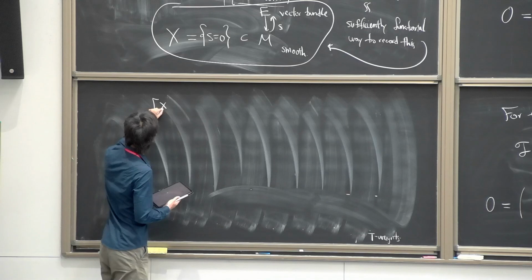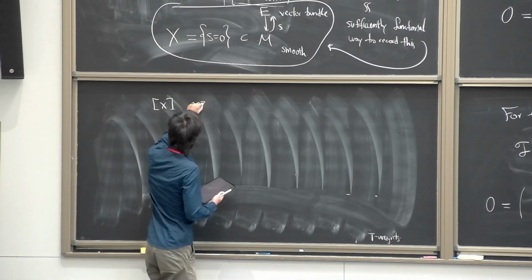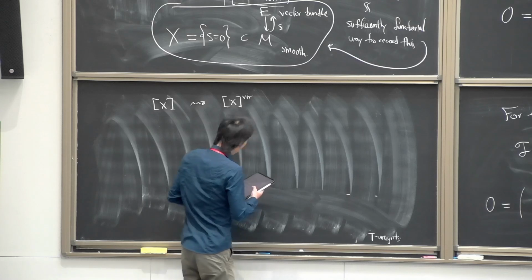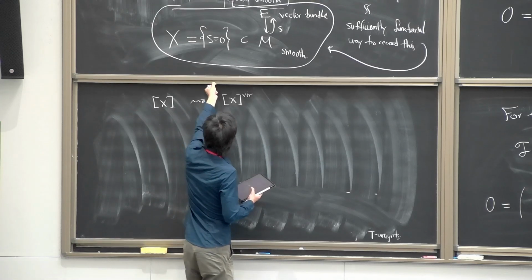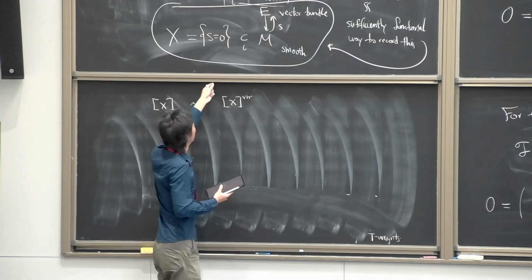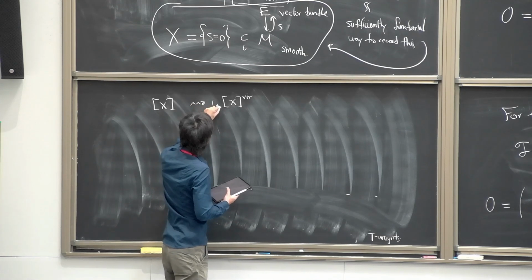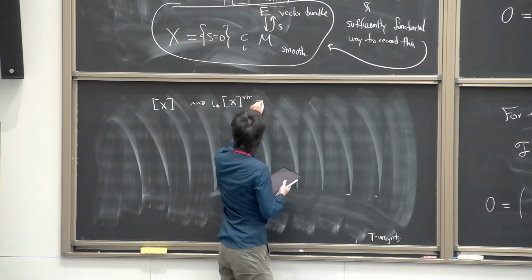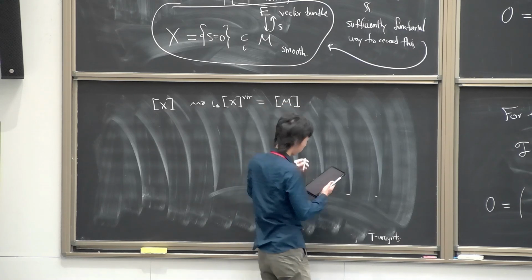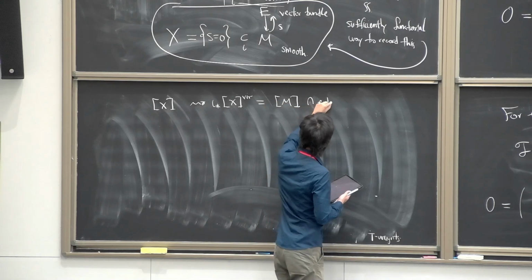So there's a virtual fundamental class, which, if you call this inclusion I, then the inclusion of this virtual class looks like the virtual class on M capped with the Euler class of E.